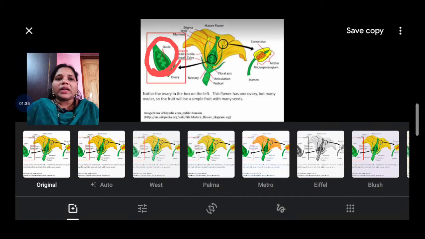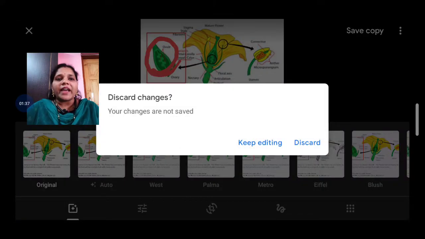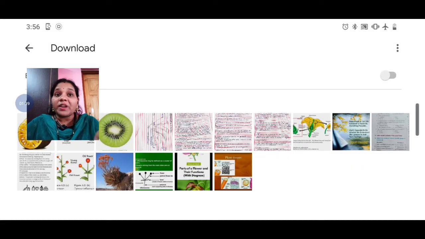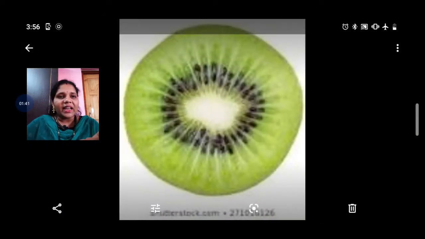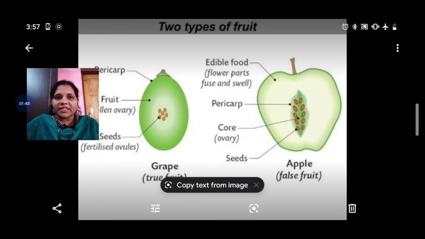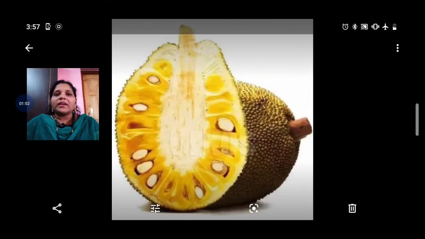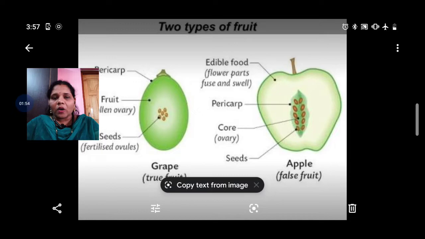As we know, different fruits have different arrangements of the seeds. You can see here there are so many seeds and they are arranged in a different way. Here also so many seeds are there and they are arranged in a different way. So the arrangement of the undeveloped seed inside the ovary is the placentation.